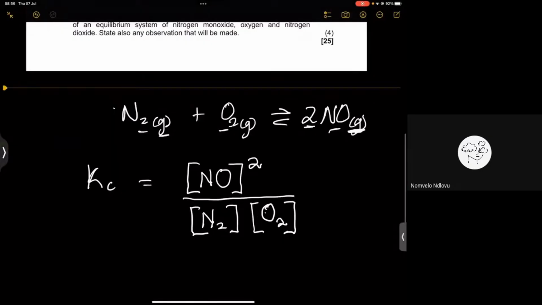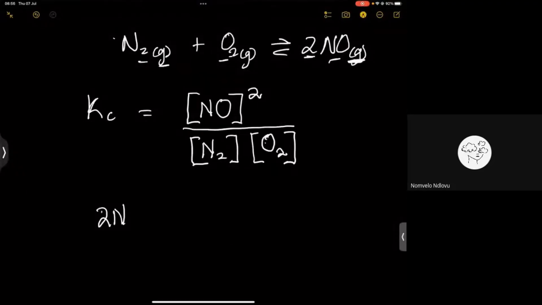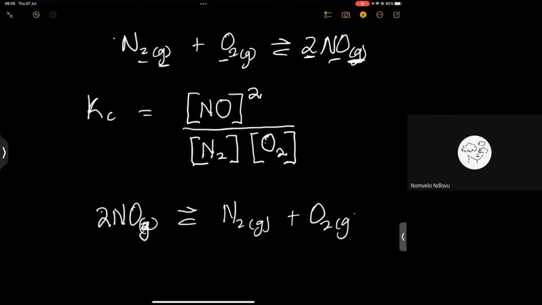N2 plus O2? So you're saying if we were to write this reaction like this, and then N2 plus O2, is this what you are asking? Yes, sir. Okay.